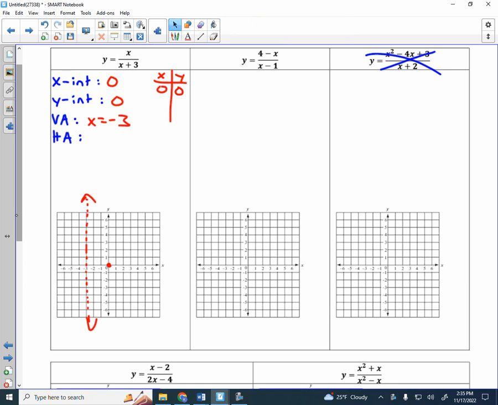We're going to do something that you've used earlier in this unit, and we're going to actually just divide them. I'm going to take x plus 3, I'm going to divide it into x, or x plus 0. What do you multiply x by to get x? So a 1 goes there.